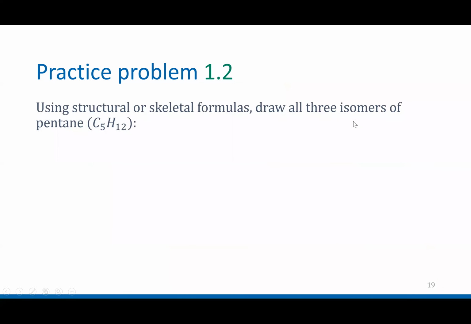So this is a really good problem, and this is an interesting problem because I love the answers I get for this. And I'm going to put myself on mute for a minute, and I think I might try to pause the recording to see how that works for my YouTube video. If you guys have a pen or a piece of paper, try to draw all 3 isomers for pentane here.